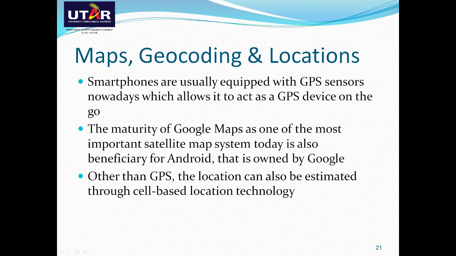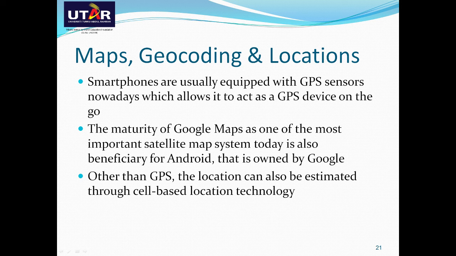The next API is Maps, Geocoding and Location, which is a very popular API to be used in mobile applications. Smartphones are usually equipped with GPS sensors nowadays, which allows users to act as a GPS device on the go, and with the location data it is possible to develop a lot of different kinds of applications where location is an important input.